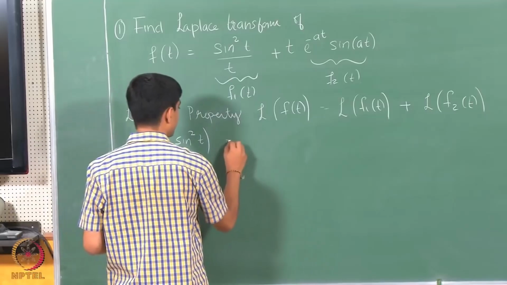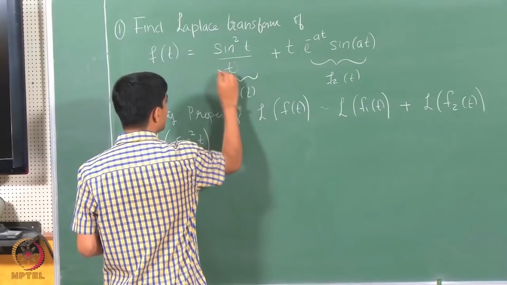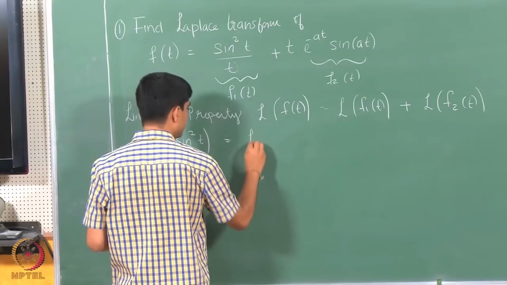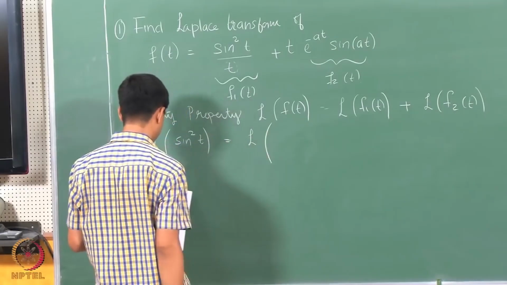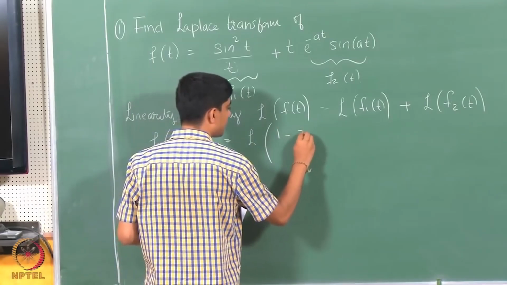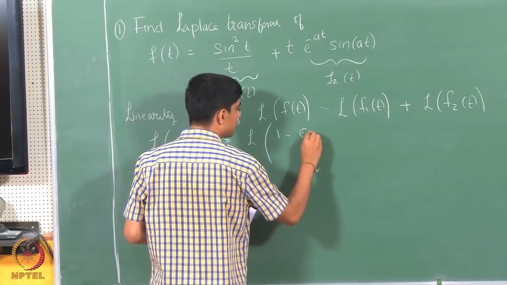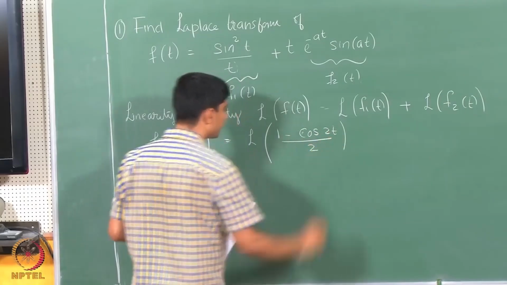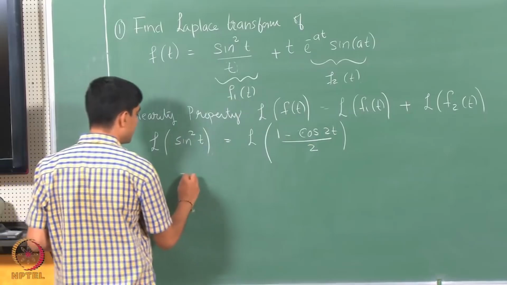So, do not worry where the t has disappeared, I will tell you a magic of how to take care of that t. So, sine square t can equally be written as 1 minus cos of 2t over 2. Okay. Here I can further use the linearity property.